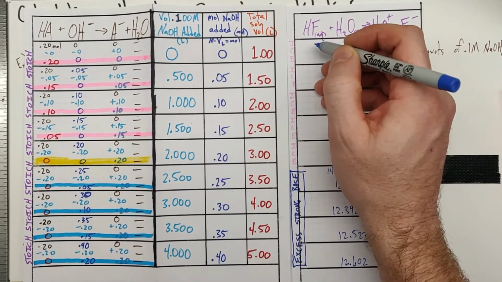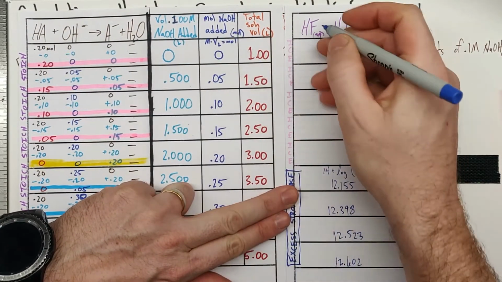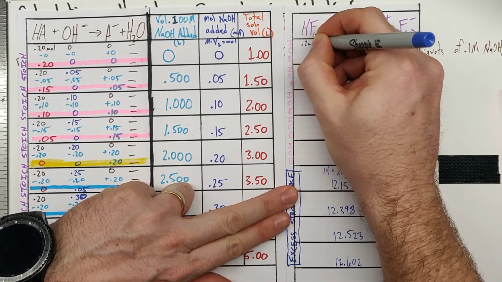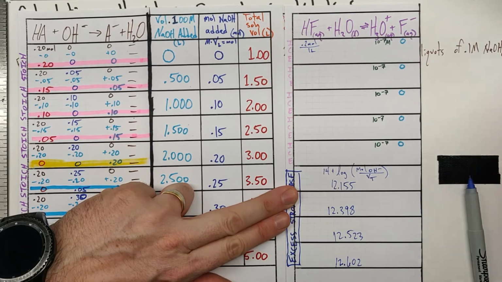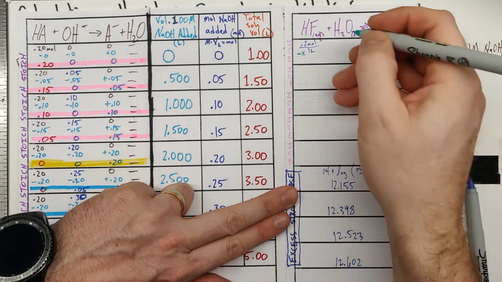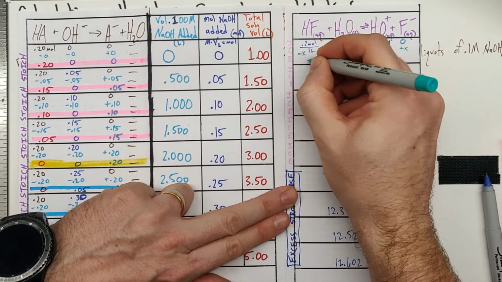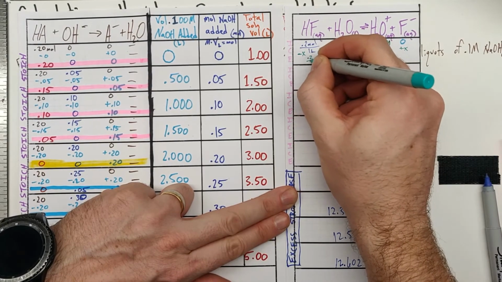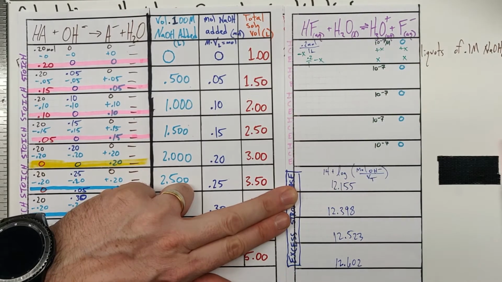Our HF we're going to do as a concentration, and that's going to be our 0.2 moles divided by our 1 liter. 0.2 moles over 1 liter, right? We know how things are going to change because we've seen that before. That change is going to be going down by x because we're dealing with a weak acid in this case. This will go up by x, and this will go up by x, and you end up with 0.2 minus x, x, and x.